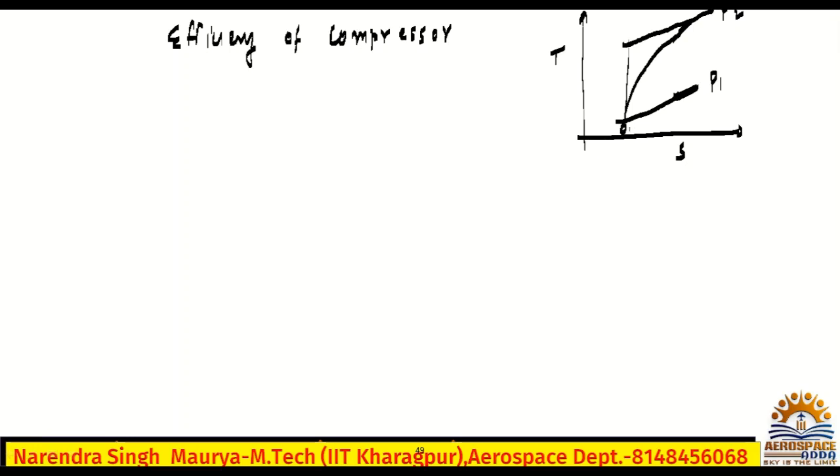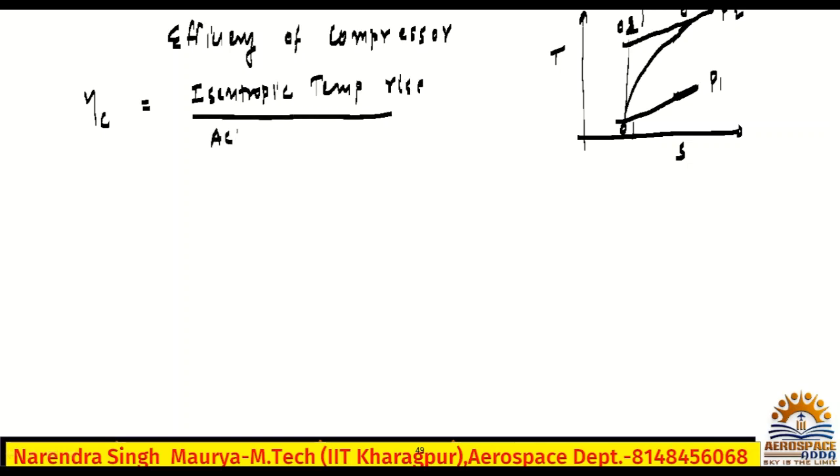So this is 01, this is 02, and this is 02 dash. What is the compressor efficiency? It is called isentropic compression, because it is a compressor, so obviously it will be the isentropic rise divided by the actual temperature rise.